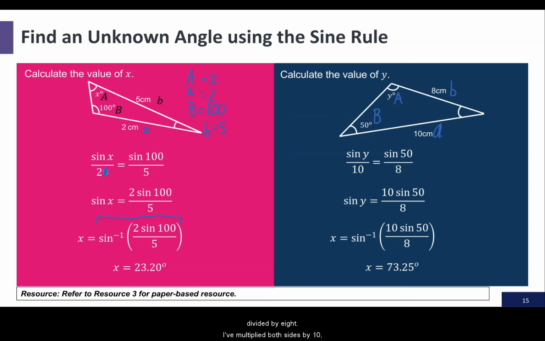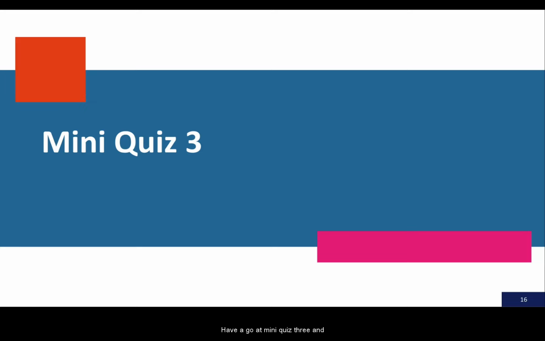I've multiplied both sides by 10, and then I've inverse signed both sides. Therefore, y is equal to 73.25. Have a go at mini quiz 4 and press play when you're ready to continue.